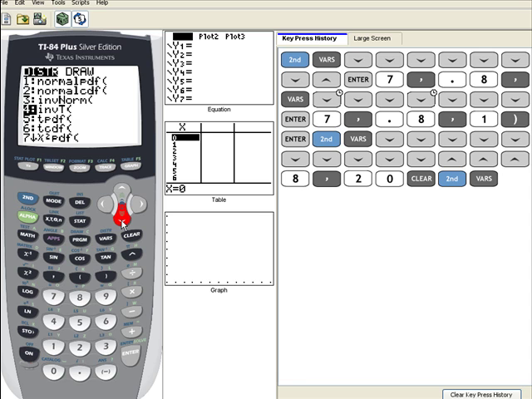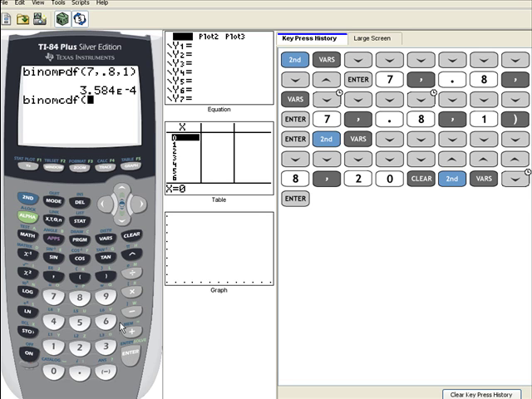And I want 7, comma, 0.8, comma, 2, and close it. And I'm getting 0.00467. So let me put that here. Probability X is less than 3.